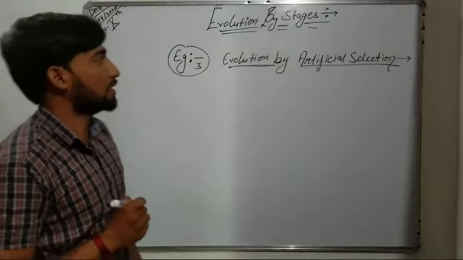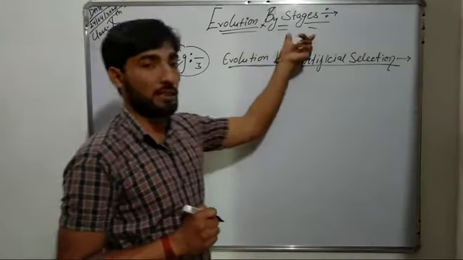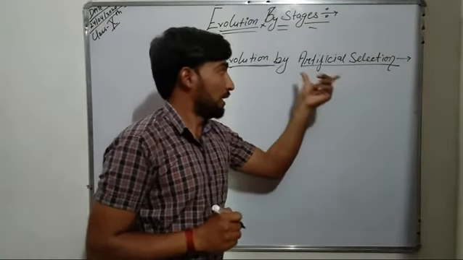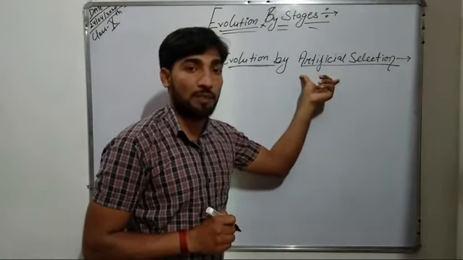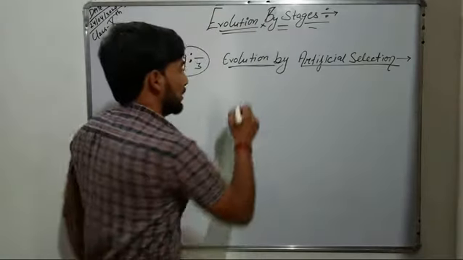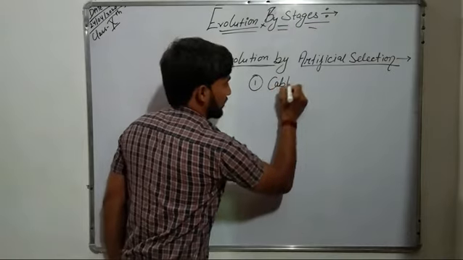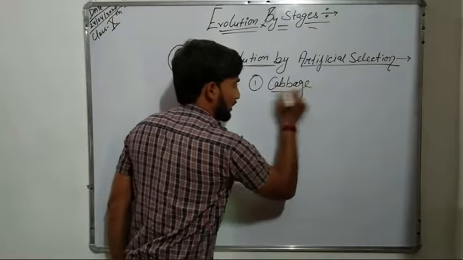The third example of evolution by stages is evolution by artificial selection, and we will study this in case of cabbage, which is a vegetable.